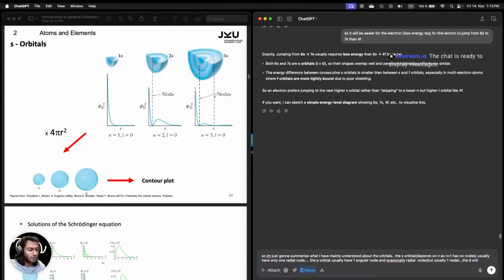Then the d orbital has two angular nodes and occasionally a radial node, mainly when the subshell just below is an s orbital.